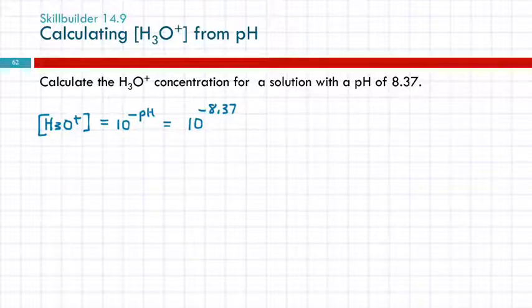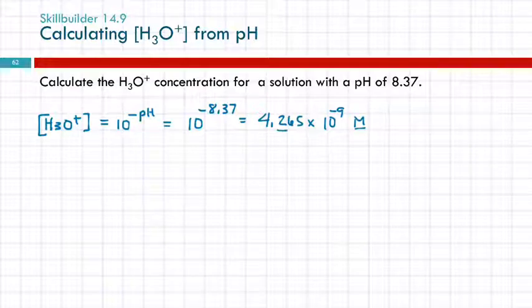I do that on my calculator, and my calculator is going to show me 4.265 times 10 to the minus 9 molar. 2 sig figs, so 4.3 times 10 to the minus 9.